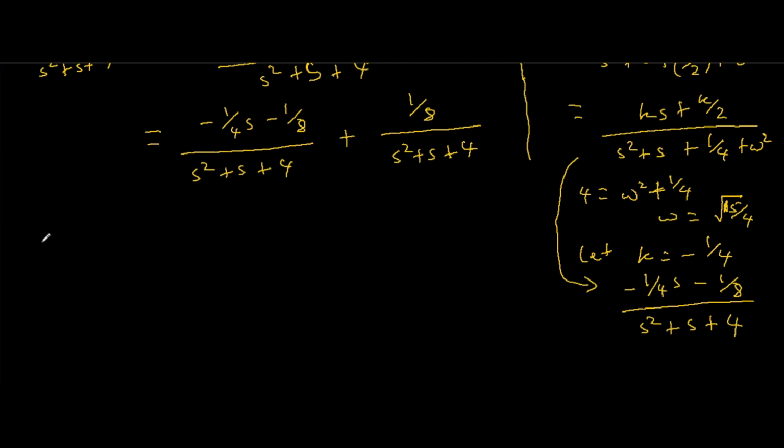So let's say we want to find the inverse Laplace transform. Our new task is to find the inverse Laplace transform of 1 over 8 over s squared plus s plus 4. Okay, is this possible? We will not just end up with a problem like we just had right now. Well, let's find out.